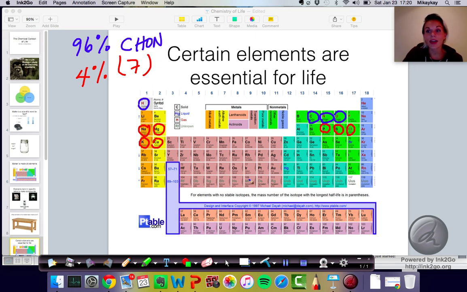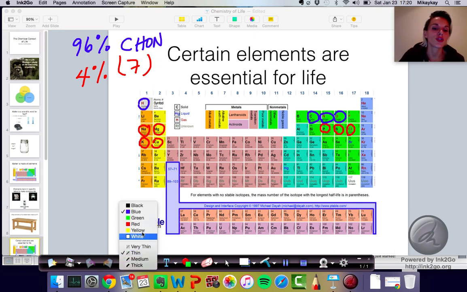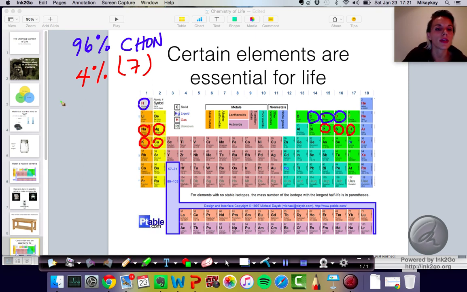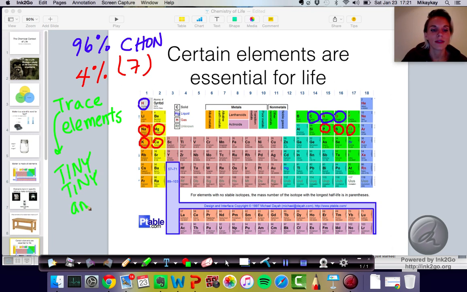And then we have something that we call trace elements. I'm going to use green for that one. I hope you can read that. Trace elements. And when I say trace, I'm not saying like outlining the borders of something. Trace, I mean as in tiny, tiny amounts, right?